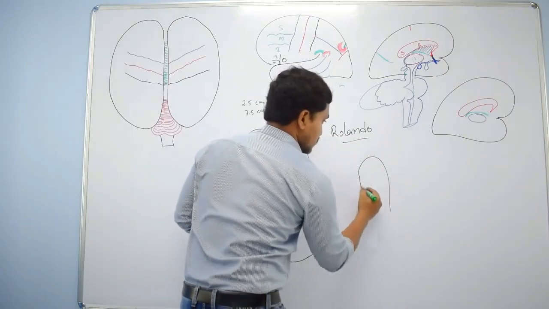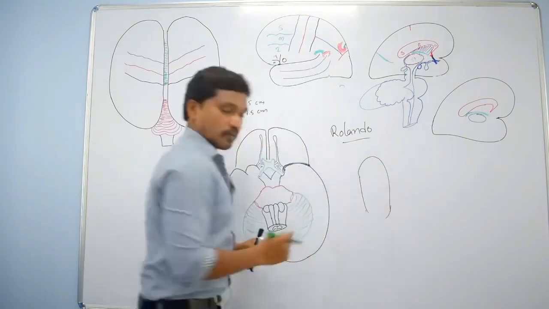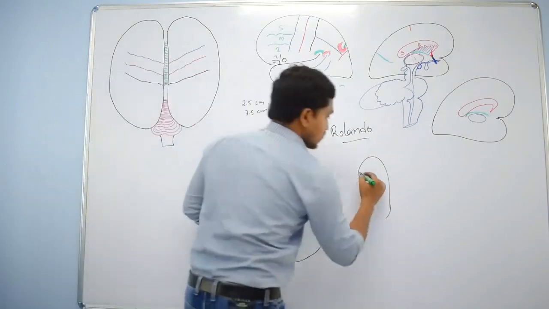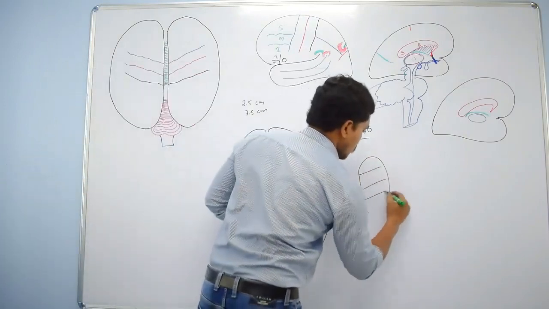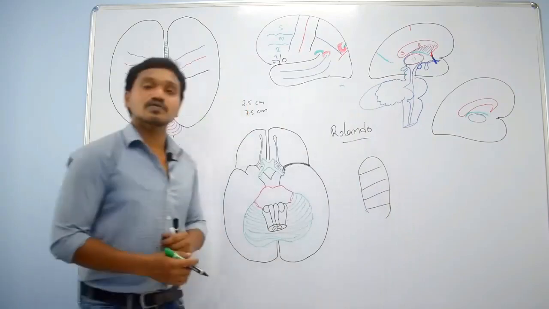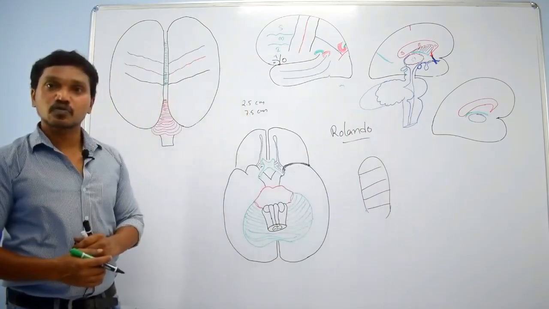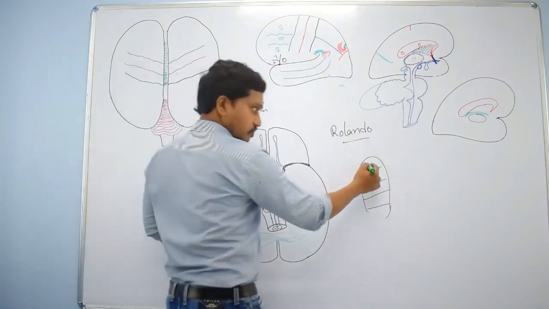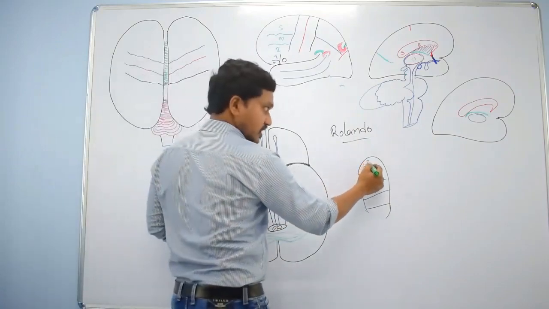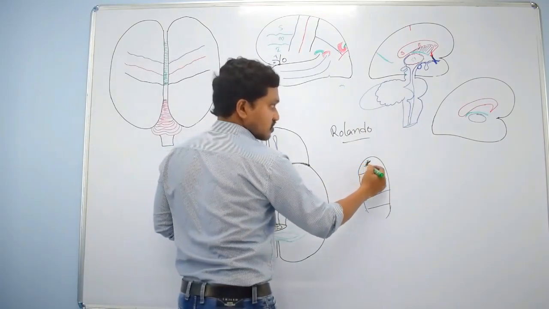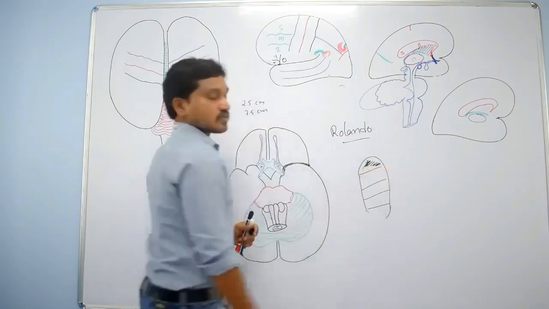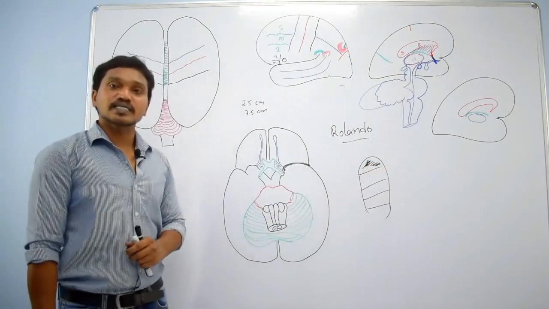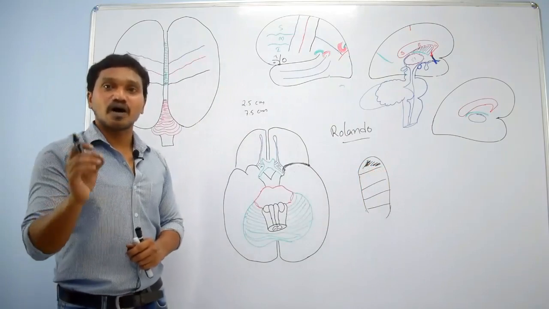Within this superior temporal gyrus, you can see 3 or 4 transverse gyri. The anterior transverse gyrus is very important because this is the primary sensory area of audition.